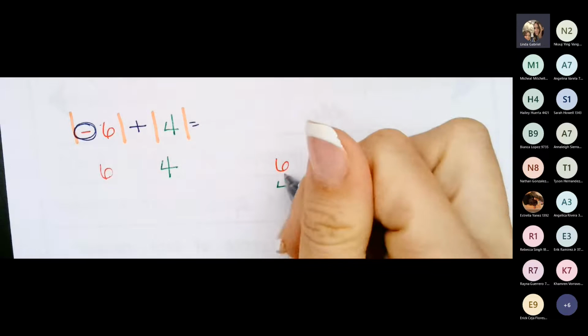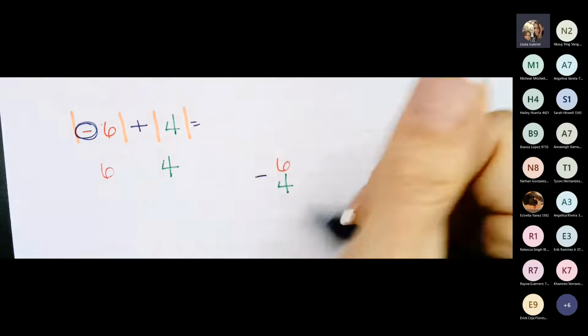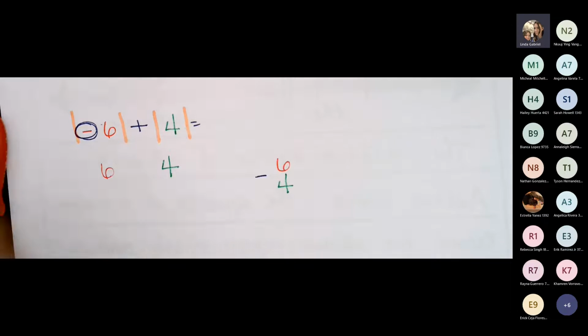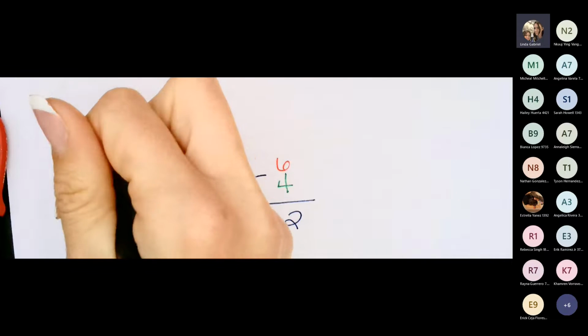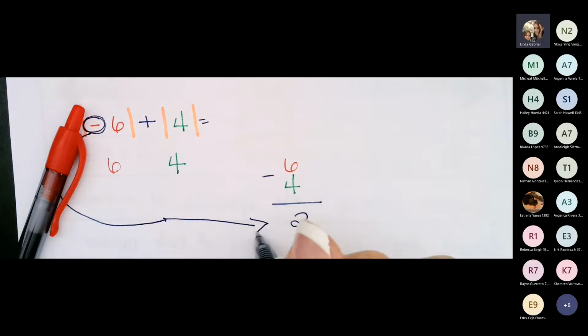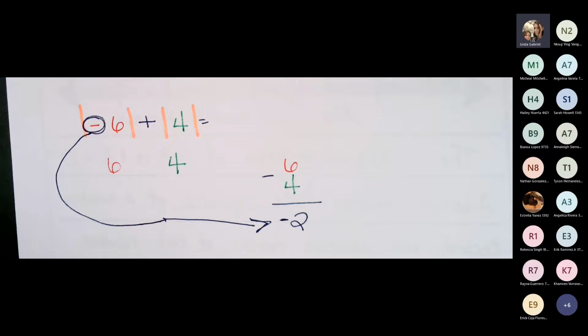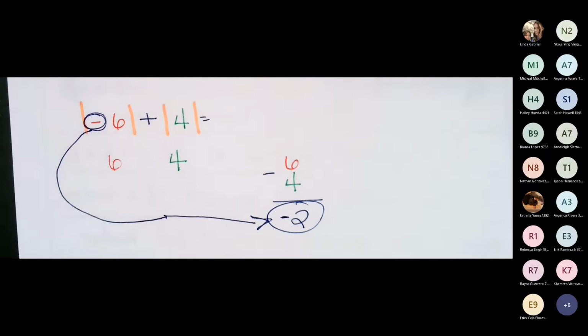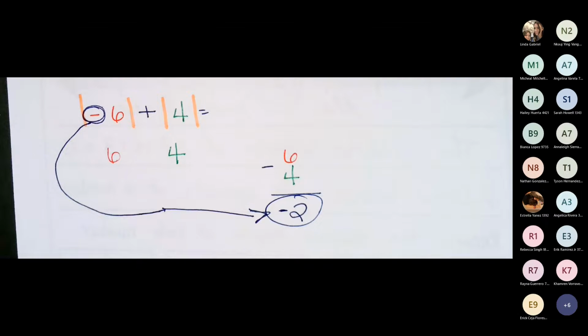So I'm going to use 6 subtract 4. That will give me 2. Can't forget to take my sign from my larger absolute value, bring it over to my answer. So my final answer will be negative 2. Is that making more sense?